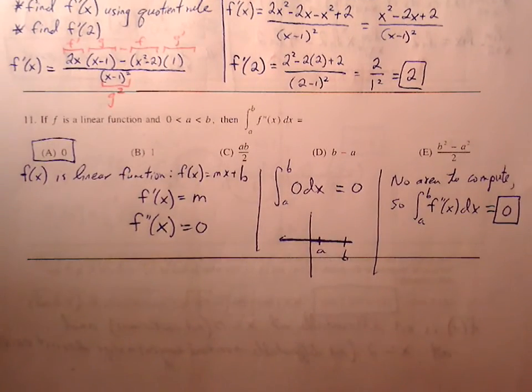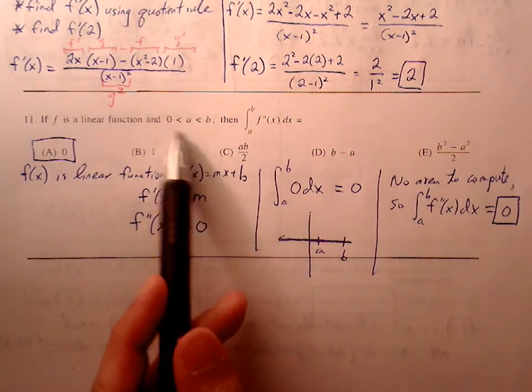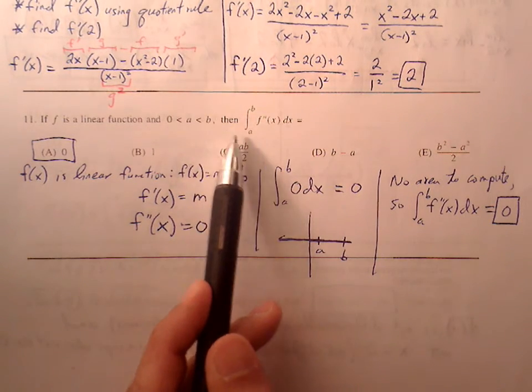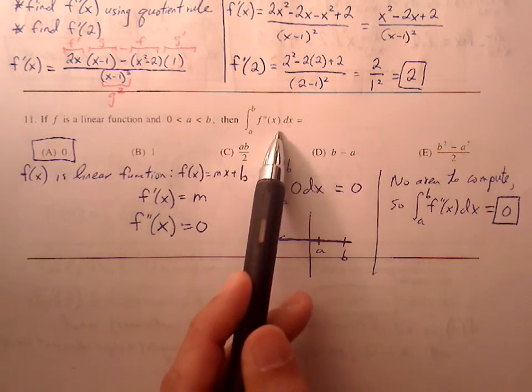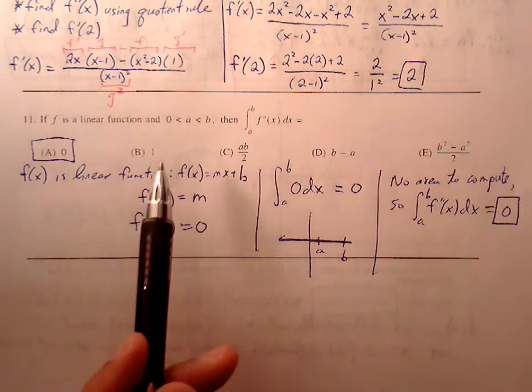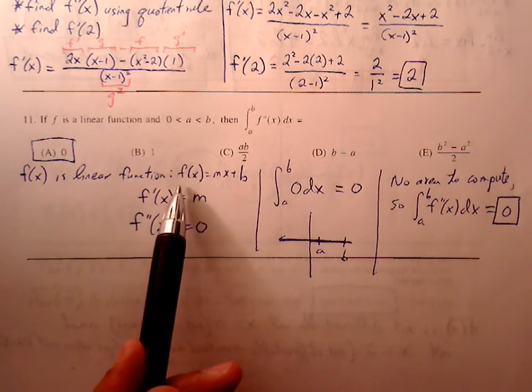Okay, number 11. F is a linear function. A falls between 0 and b. The definite integral from a to b of f double prime is equal to... So let's think about linear function. So a linear function is going to be a function like y equals 3x plus 4, y equals 5x minus 6.